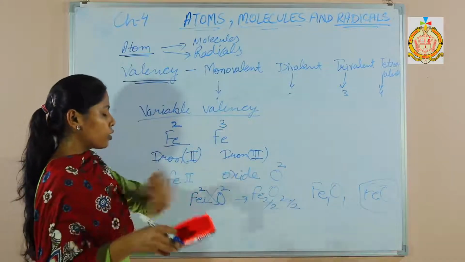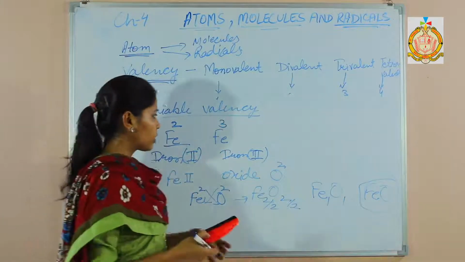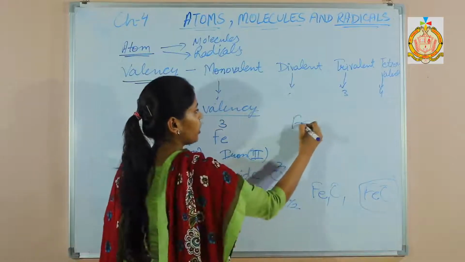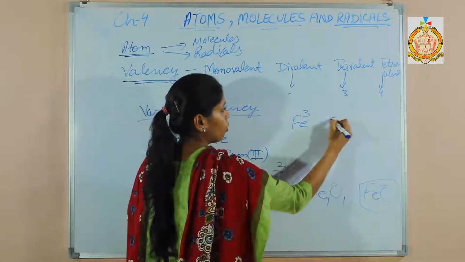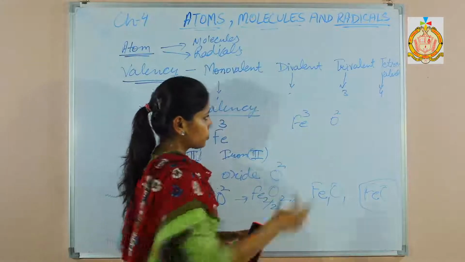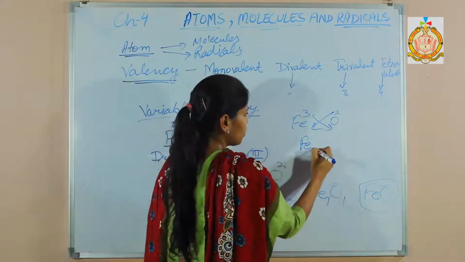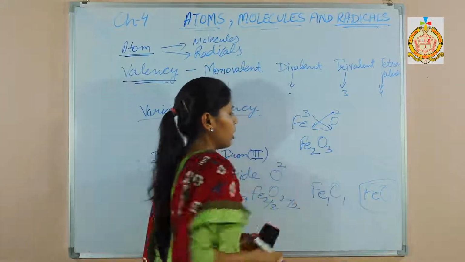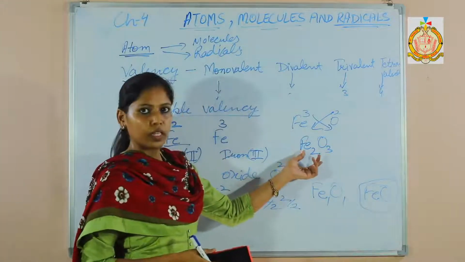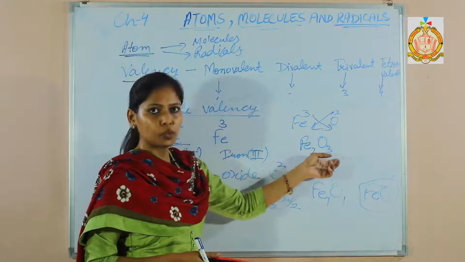And if we write the formula of iron 3 oxide, it will be Fe3O2. Transpose the valencies, you will get Fe2O3. Can we divide with any other highest common factor except 1?